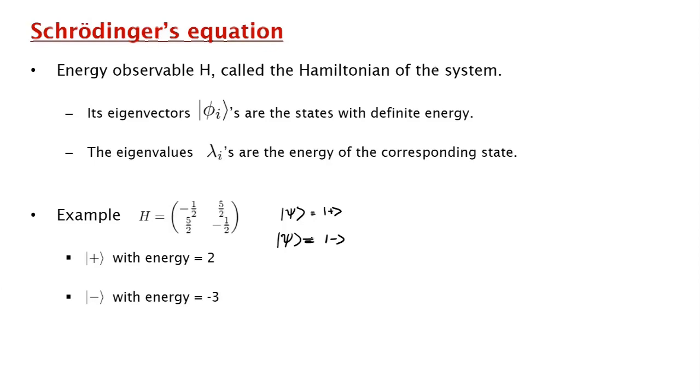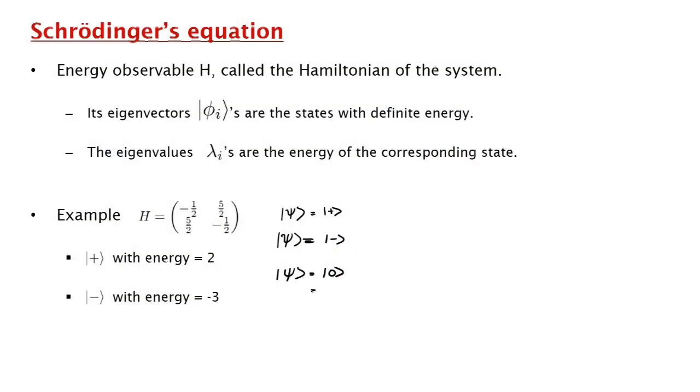But now suppose that psi was equal to 0. Then if you were to measure the energy, half the time you would get a reading of 2, and half the time you would get a reading of minus 3. And the reason for this is that psi is 1 over square root 2 plus minus 1 over square root 2 minus. And so in terms of the energy eigenstates, when you do a measurement, you see plus with probability half and minus with probability half.